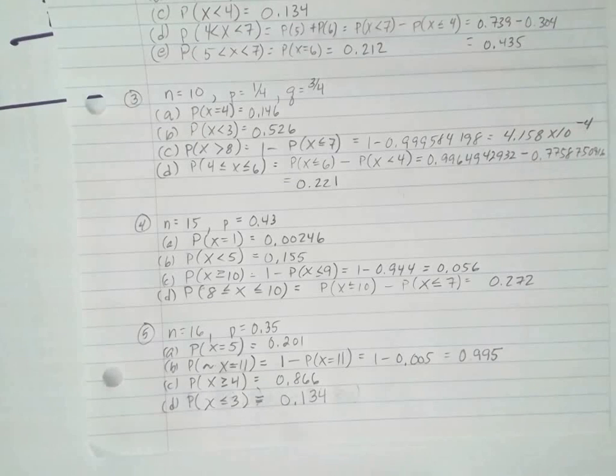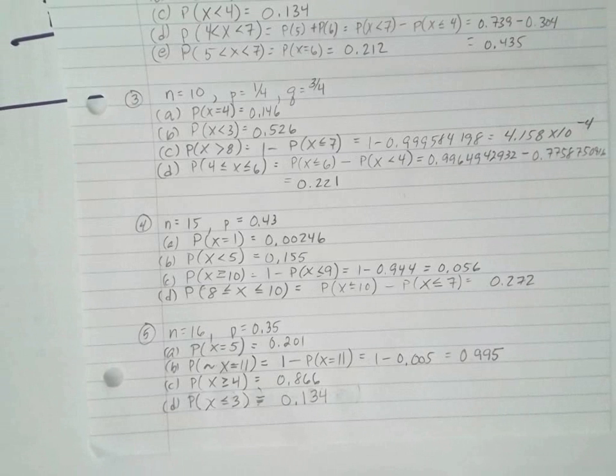So n is 22, the probability is 0.68, and x is 20. Yeah, see, I get 0.01057, Charlie, on 1E. That's what I'm getting right there. Yeah, that's what I got.